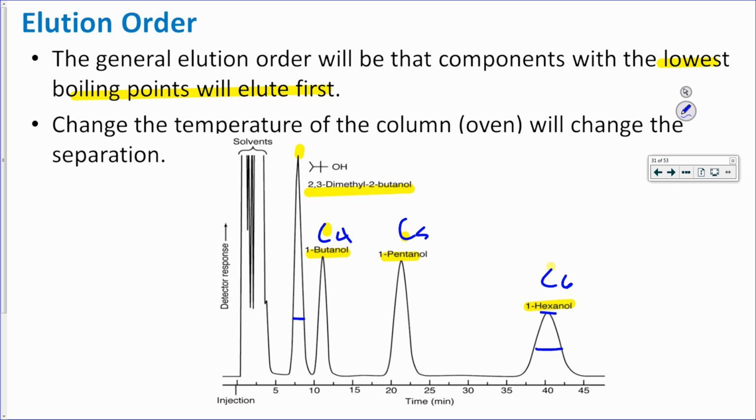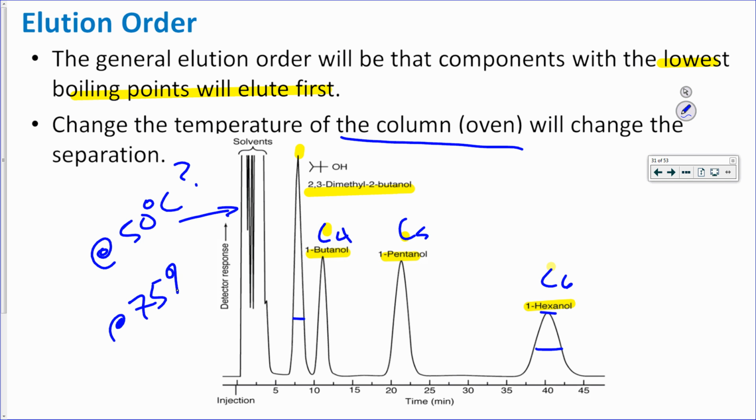You're talking about several hours for it to come off the column. And you'll never get C8 off the column under these conditions. So to get the larger ones off, I'd increase the column temperature of the oven. If this was run at 50 degrees, or whatever temperature this one was, I would increase it to maybe 75 Celsius. And then I would get these guys down here to come off the column.